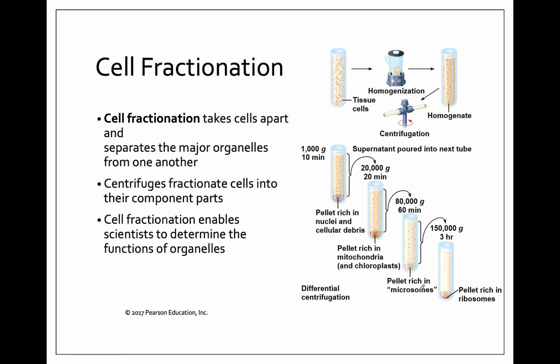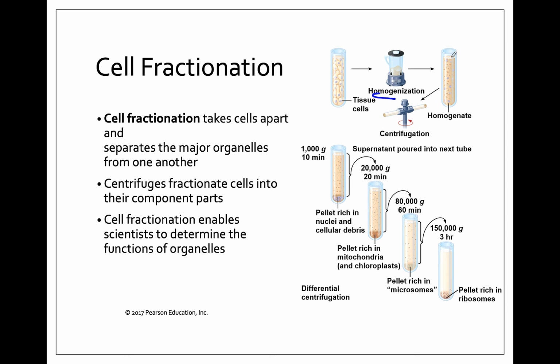Another method of early ways to study cells was cell fractionation, and this was a method of systematically taking cells apart from large molecules to smaller and smaller molecules. And that helps us figure out the functionality of some of these tiny, tiny molecules without the ability to see them. So what ends up happening here is this is a sample of tissue cells. They get homogenized, basically they're blended up.